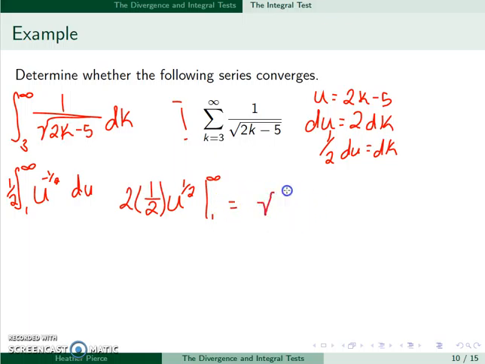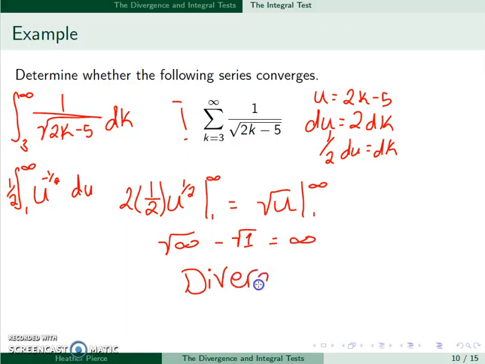So this is just the square root of u going between 1 and infinity. So a square root of a really big number minus the square root of 1 is still a really big number. So since the integral diverges, this will also diverge.